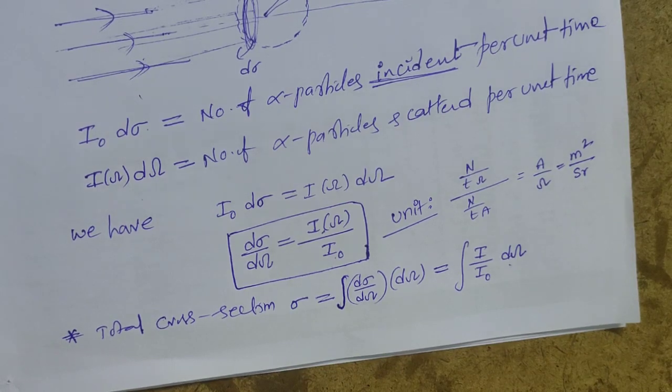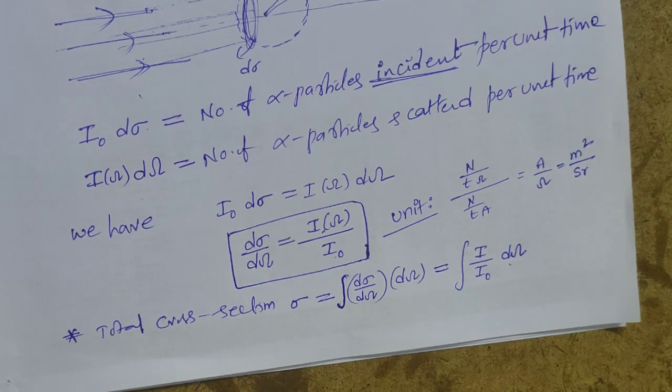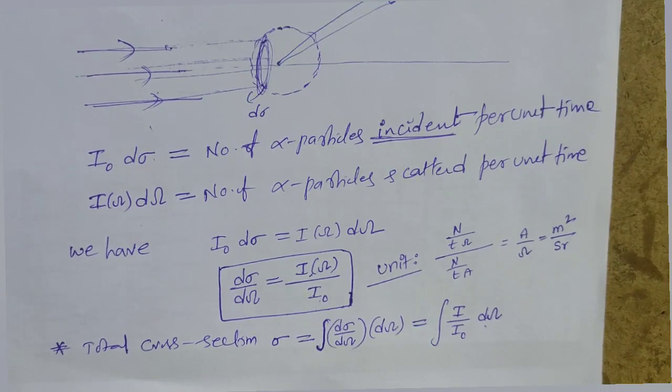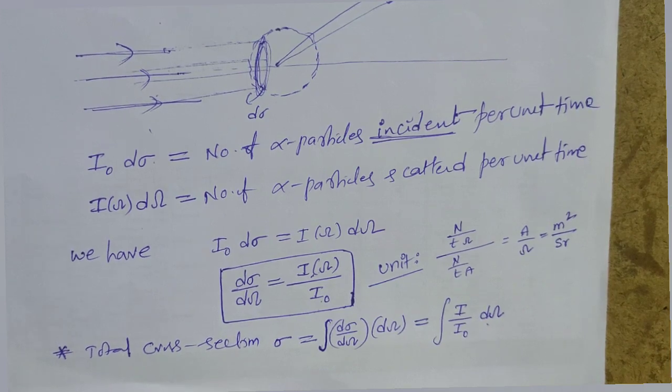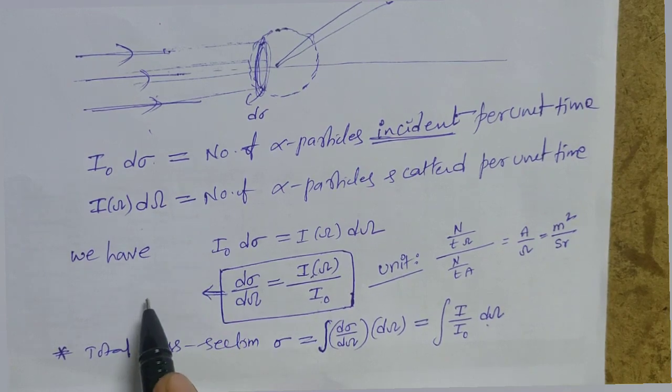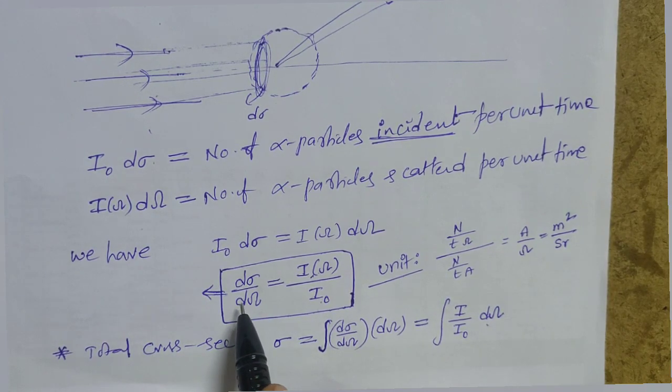It's a matter of terminology; once we know the terminology, we can easily understand the rest of the things. Even some books will indicate this simply as σ, the differential scattering cross section.